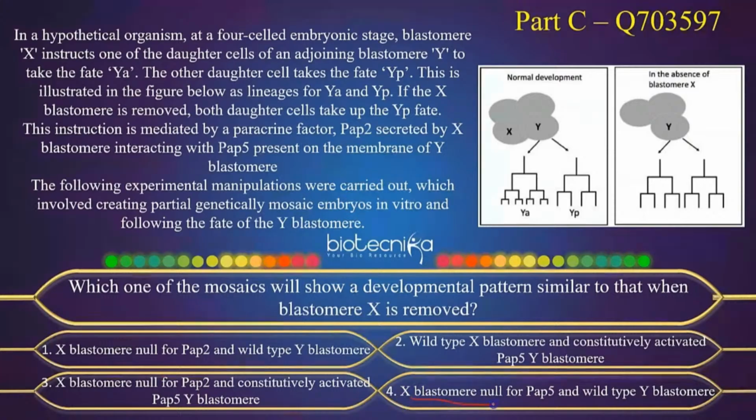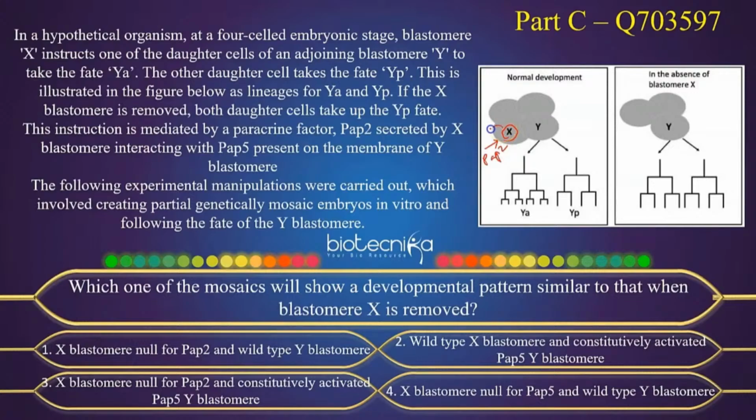Fourth is X blastomere null for PAP5. Again signal is not there. So if signal is not there, but you have taken wild type blastomere. So first of all, X blastomere null for PAP5. PAP5 is not the signal, it is the receptor. So whether X has the PAP5 or not, it doesn't even matter. Anyways, the signal is given by PAP2.